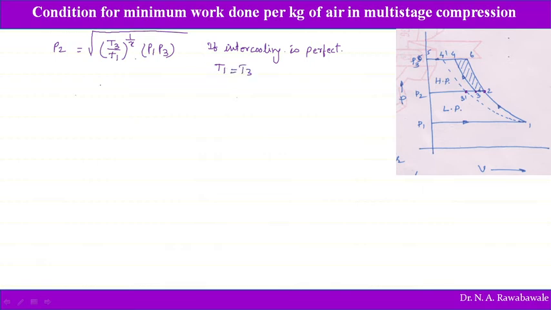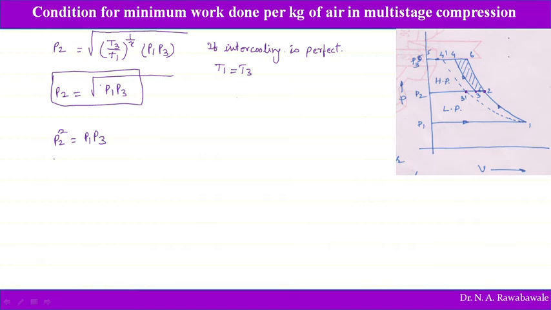If T1 is equal to T3, then this equation for P2 becomes square root of, T1 equal to T3 means this 1 to the power of anything becomes 1. So P2 is equal to square root of P1 into P3, which is the condition for minimum work required. Or else this can be written as P2 square is equal to P1 P3.